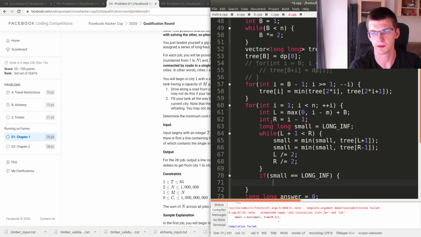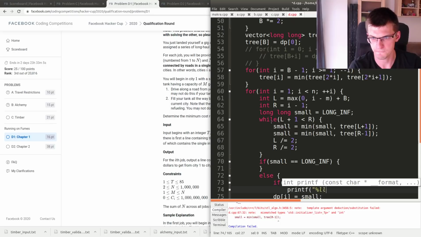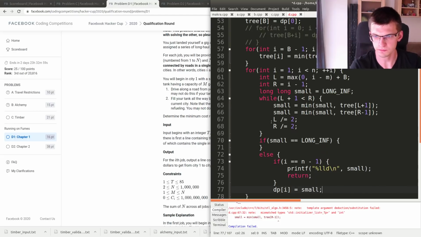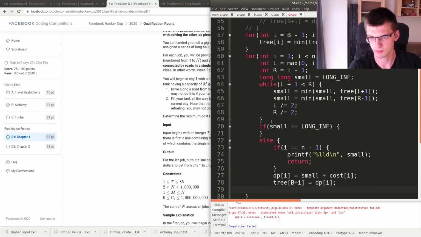No. Then do nothing, otherwise dp of I is small plus the cost of tanking here. And update the tree.